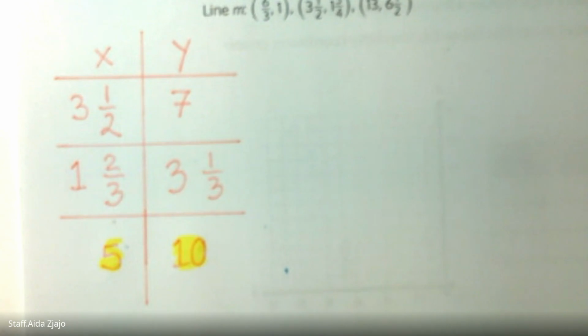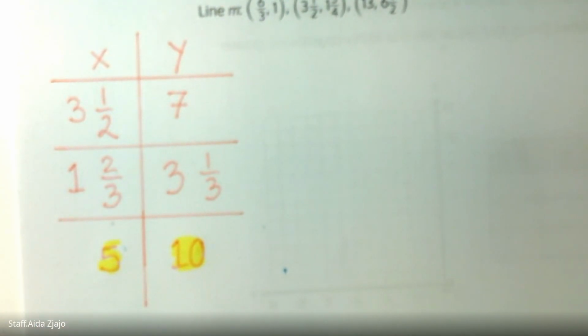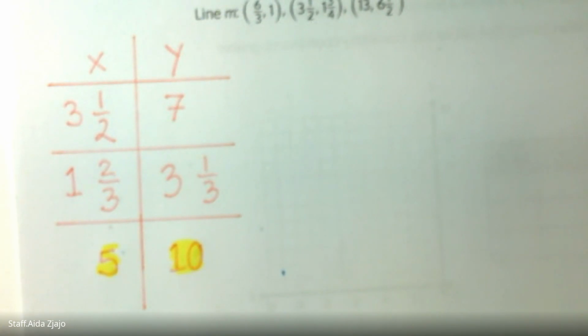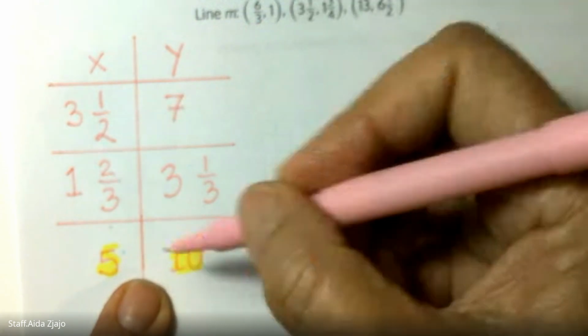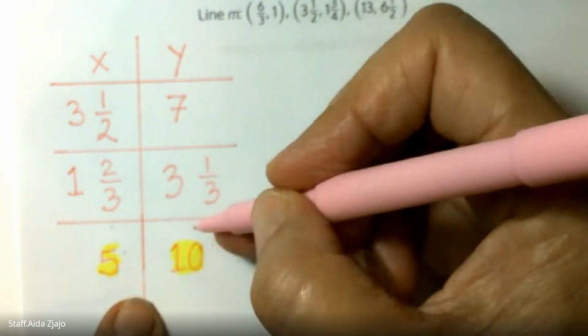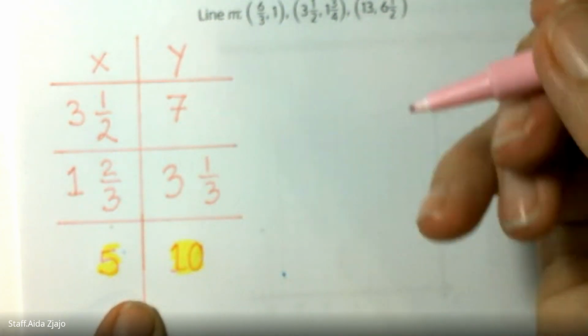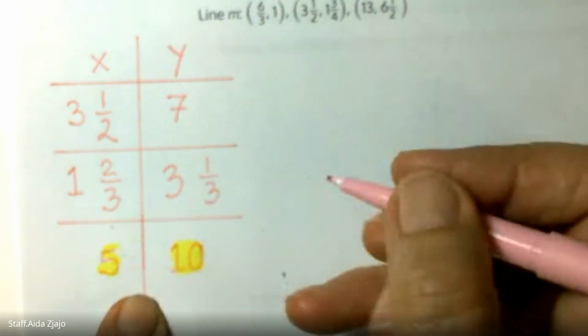So for every x there is 2x for y. Or I can say the rule could be 2 times 5, 2 times 2. Okay, but it has to work for every point. So now I'm looking at which other one I can figure out, is that correct?